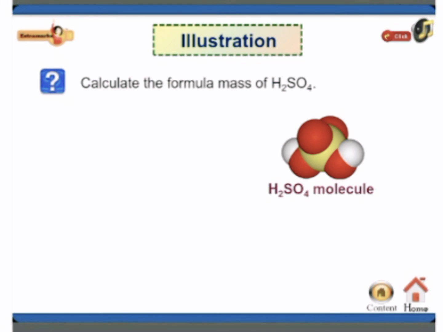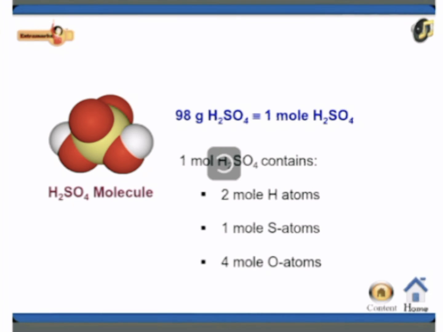Let us calculate the formula mass of sulfuric acid. 98 grams of sulfuric acid is equivalent to 1 mole of sulfuric acid.